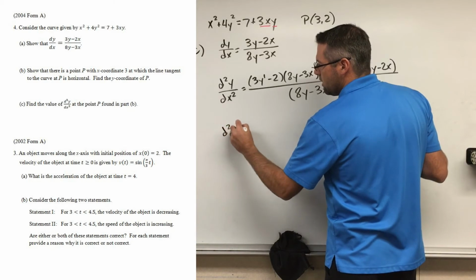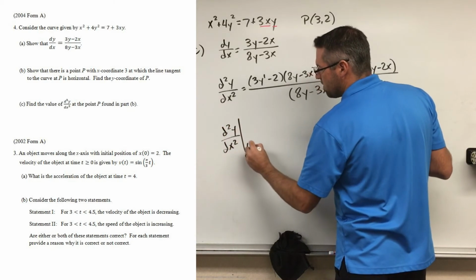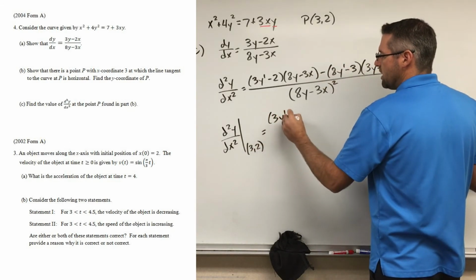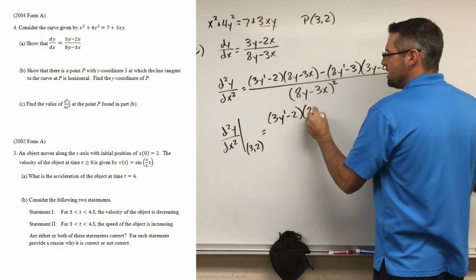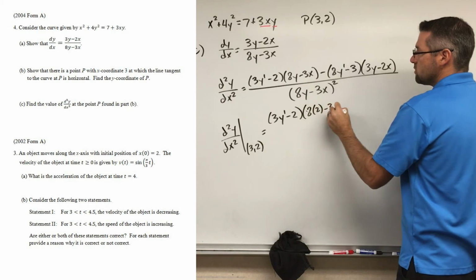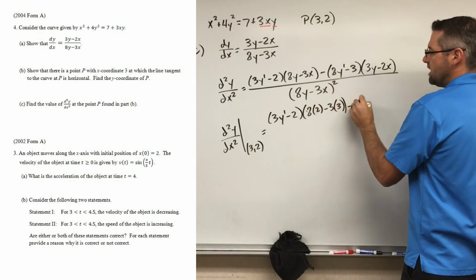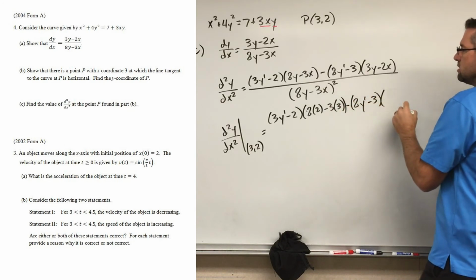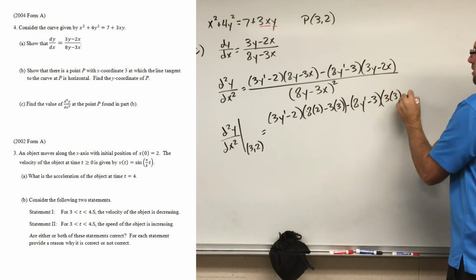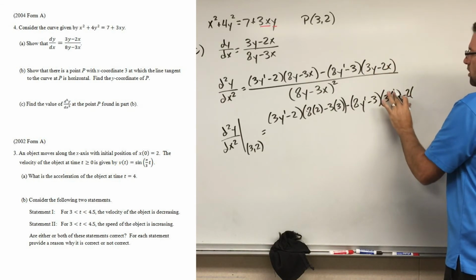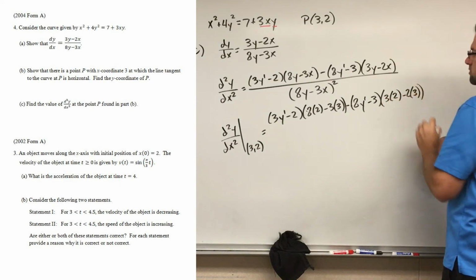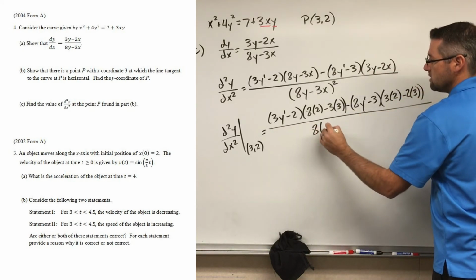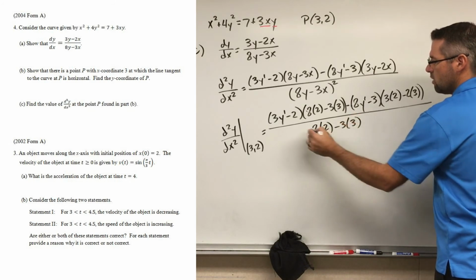And so d2y over dx squared evaluated at 3, 2 is going to be equal to (3y prime minus 2) times (8 times 2, minus 3 times 3 for x), minus (8y prime minus 3) times (3 times 2 minus 2 times 3), all over (8 times 2 minus 3 times 3) squared.